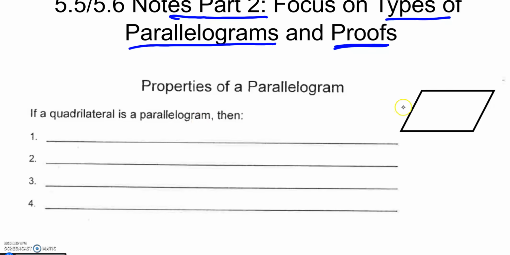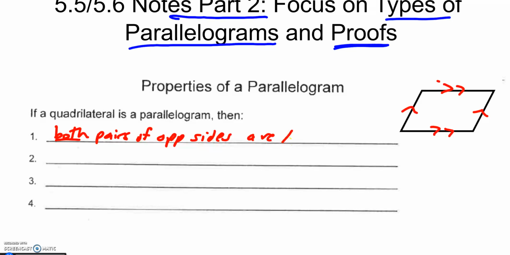Well, by definition of a parallelogram, I know that both pairs of opposite sides must be parallel. So if a quadrilateral is a parallelogram, then both, you must have the word both, pairs of opposite sides are parallel.